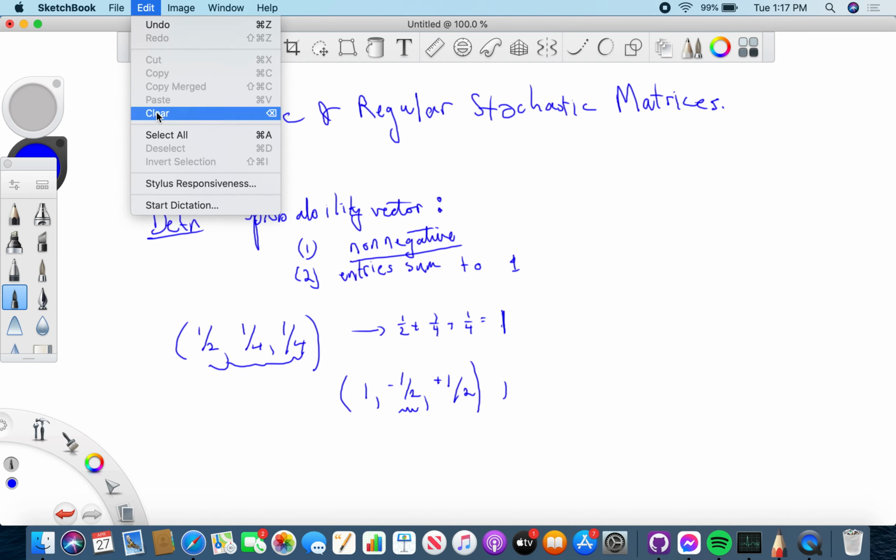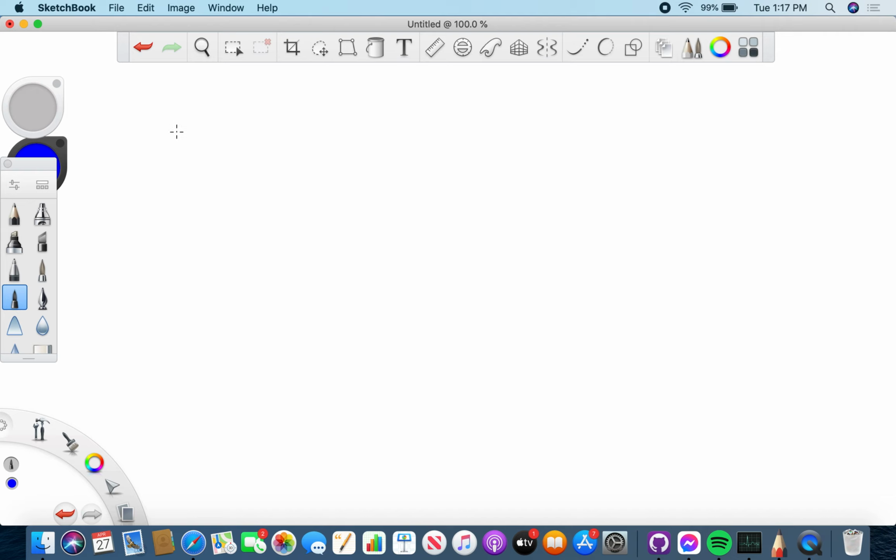Something that we can note is that if you have a probability vector, you can essentially represent the final entry as 1 minus the previous entries.